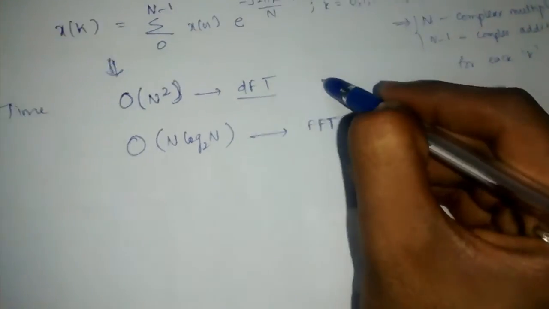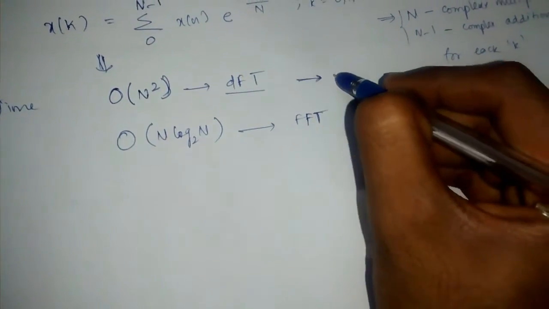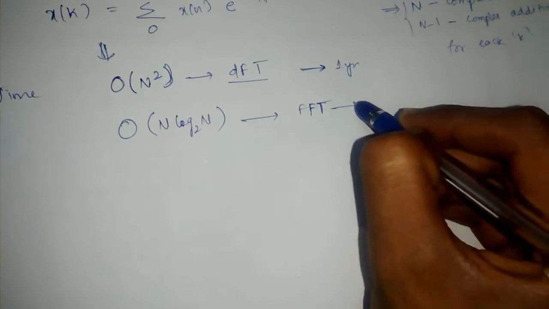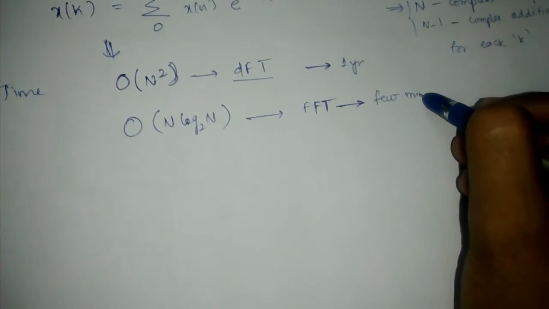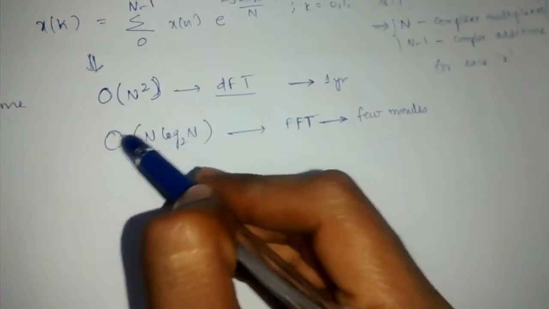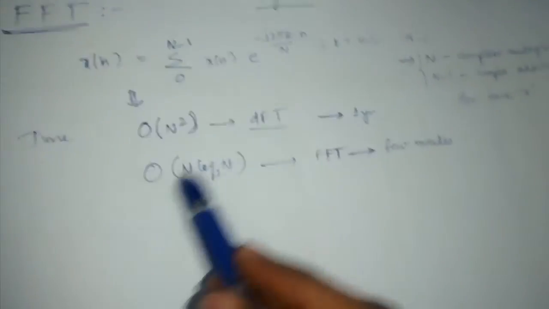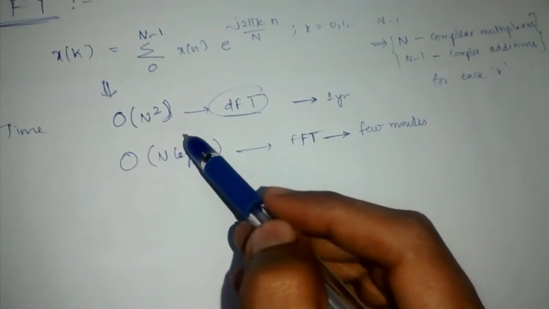Suppose a problem takes 1 year, with FFT it takes a few minutes. This is the reason why we go for fast Fourier transform algorithm, so that our DFT becomes simpler.